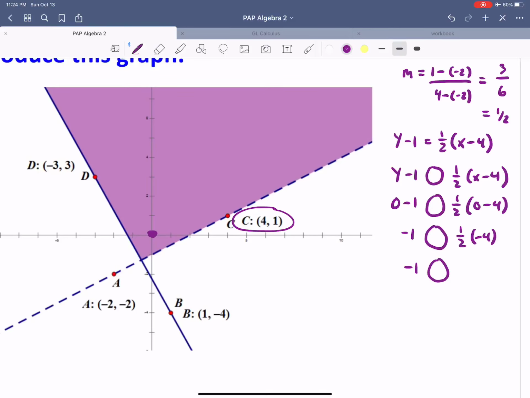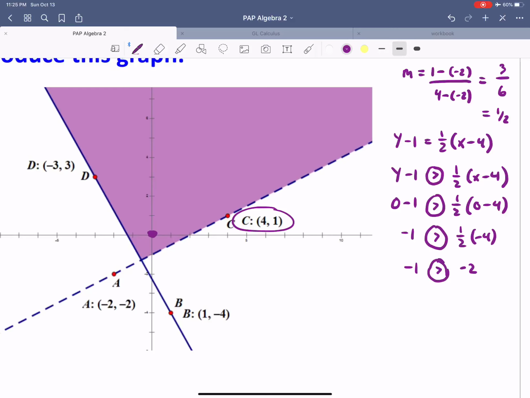If I take it one step further, I get negative 1 on one side and negative 2 on the other. Now I want this to be true because 0, 0 is a solution. So negative 1 is greater than negative 2, and I use that same symbol all the way back up through the top. Remember that it cannot be or equal to because this line was dashed.